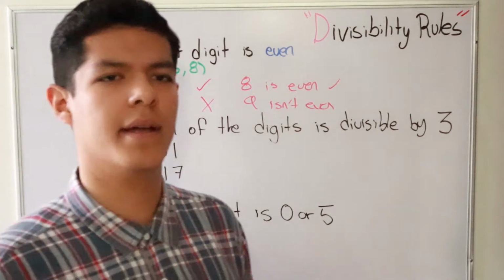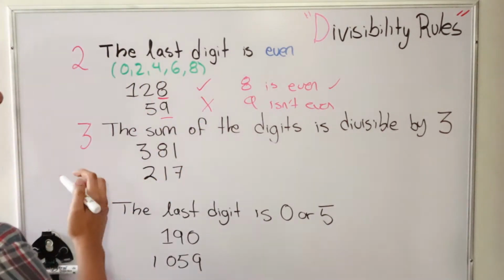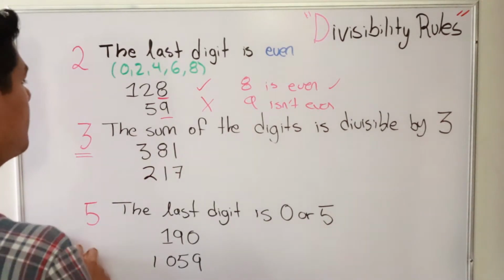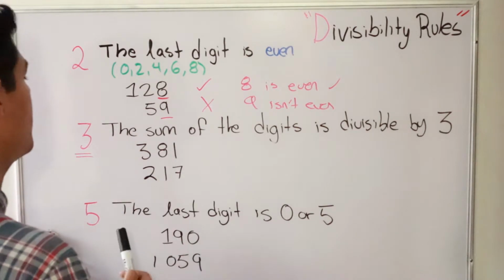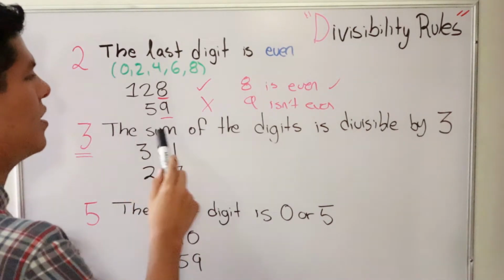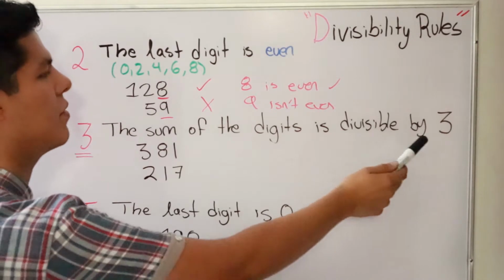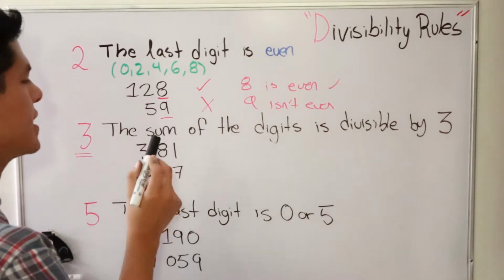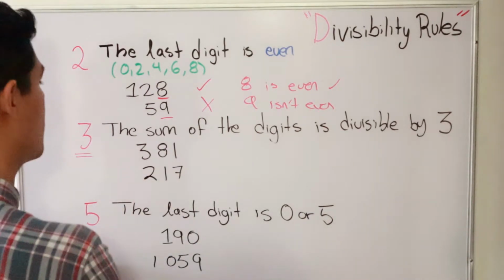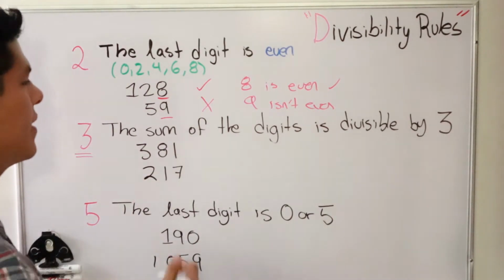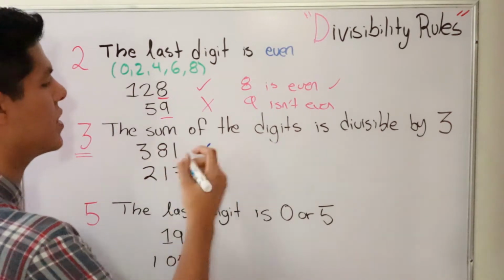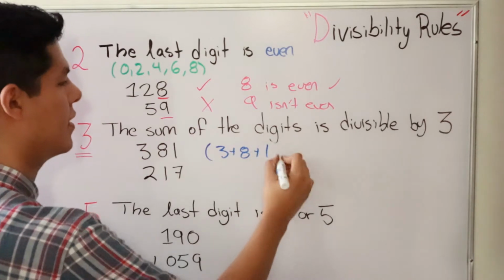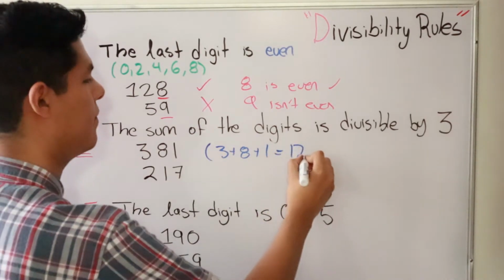The next criterion is very important, guys, because we have to watch out very carefully. A number is divisible by 3 if the sum of the digits is divisible by 3. So 381 is divisible by 3 if and only if the sum of the digits, 3 plus 8 plus 1, which is 12, is divisible by 3.